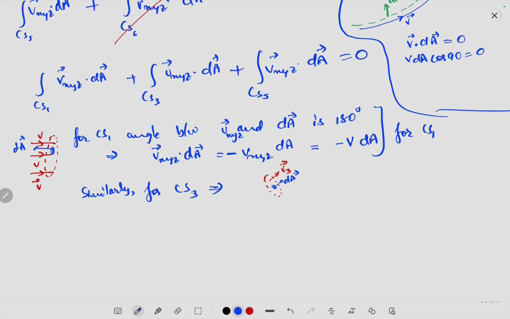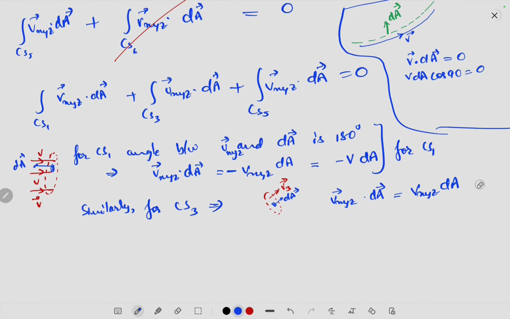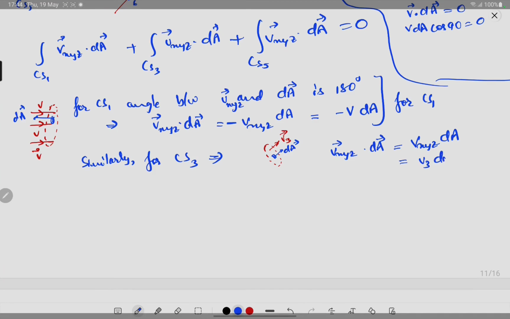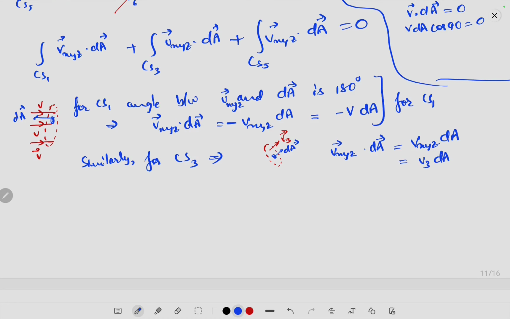So what is the angle between v3 and dA? It is 0 degrees. This implies Vxyz dot dA vector on CS3 will be equal to Vxyz dA cos 0. Cos 0 is plus 1, and Vxyz is v3 here, so this will become v3 dA.